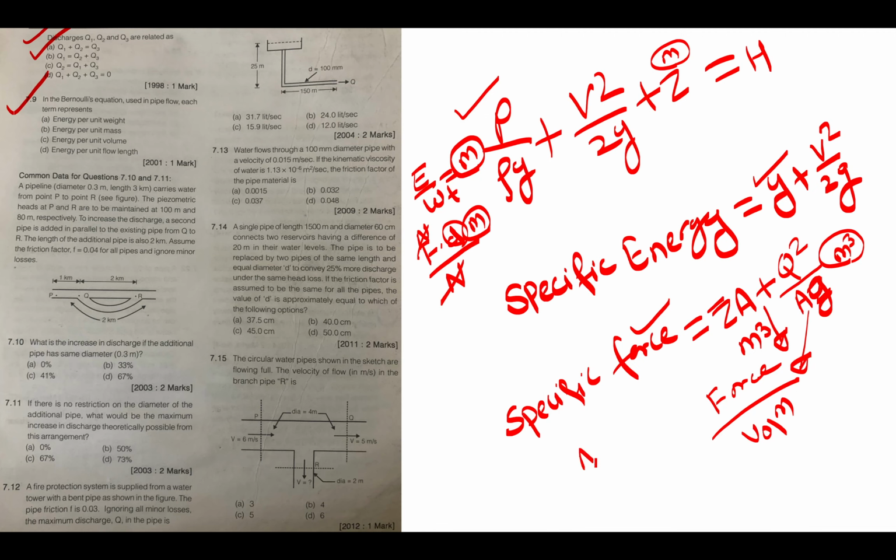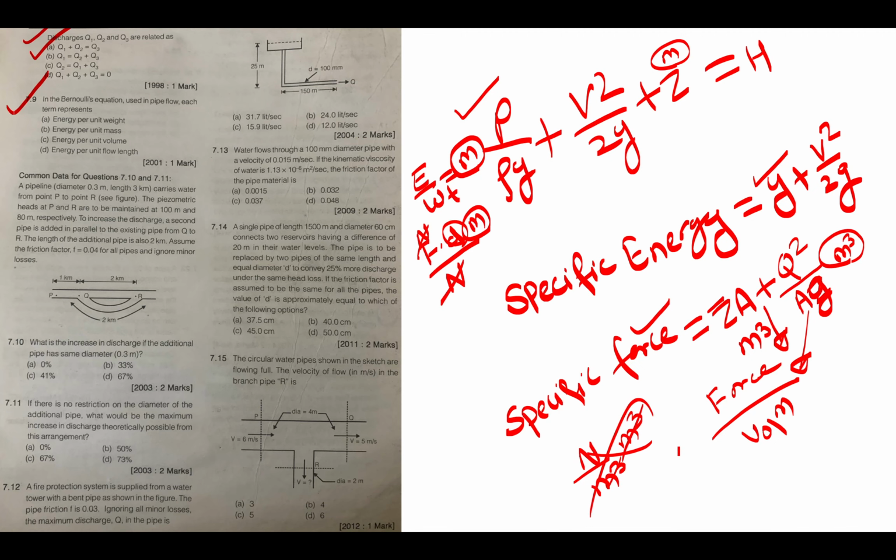Force per unit volume means Newton per meter cube. And here meter cube is there. No, oh, this is wrong.